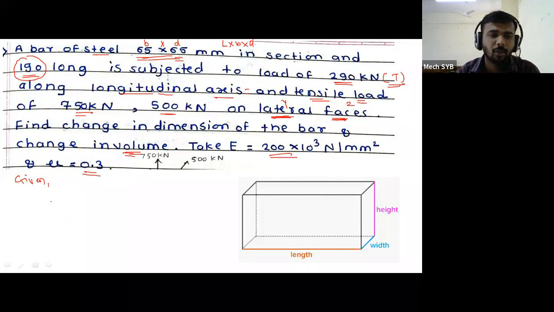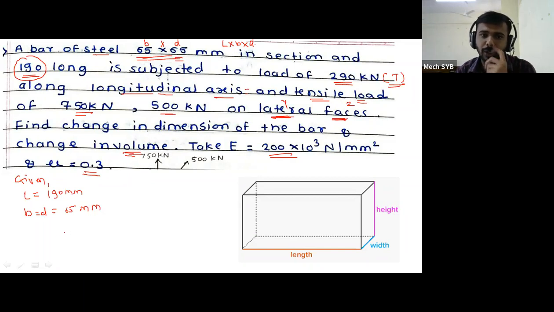Okay, so write this statement in your notebook, draw the three-dimensional figure, and first of all we will write all the given things. So first, length is equal to 190 mm, B is equal to D is equal to 65 mm.